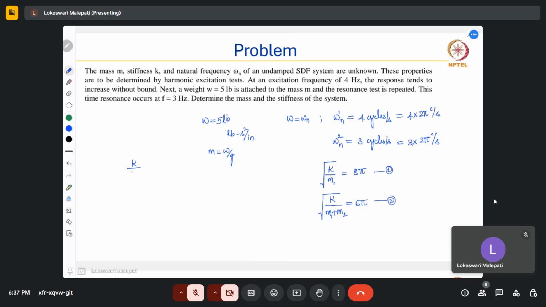Then we will have k by m1 is equal to 64 pi square, and k by m1 plus m2 is equal to 36 pi square. Now if we take the ratio of these two equations, we'll have m1 plus m2 by m1 is equal to 64 by 36. So we can find out the relation between m1 and m2.